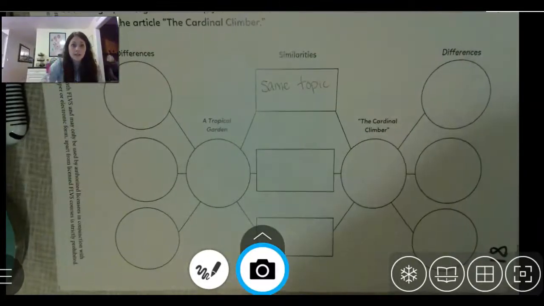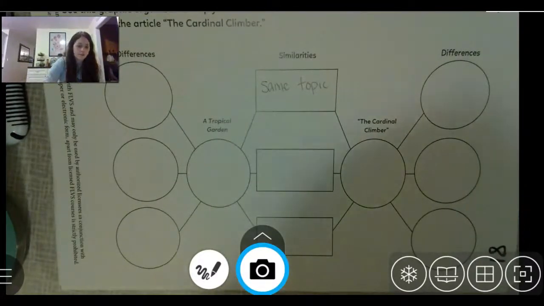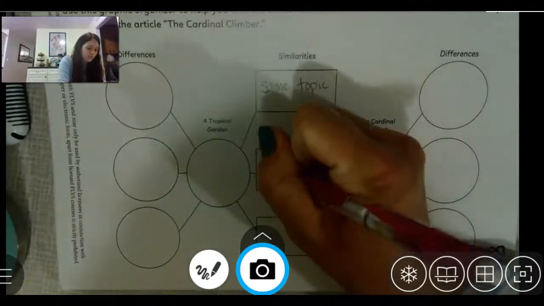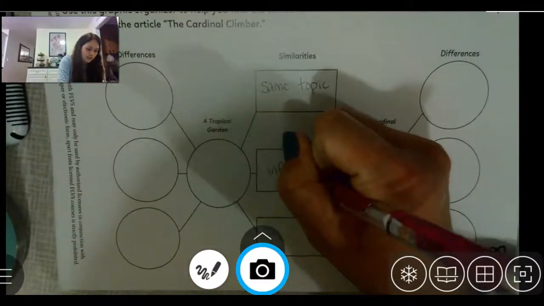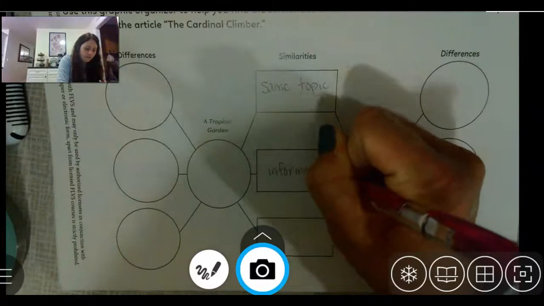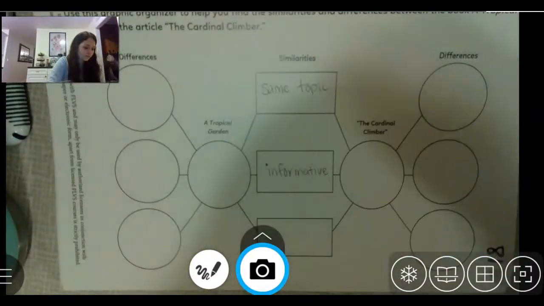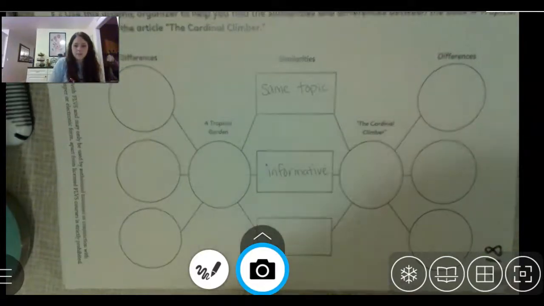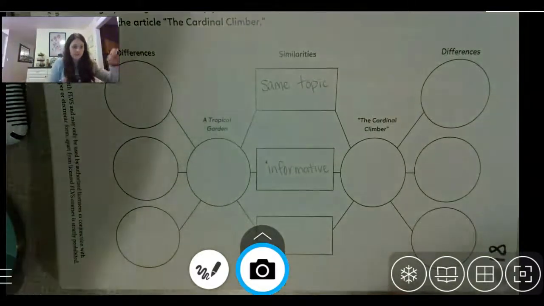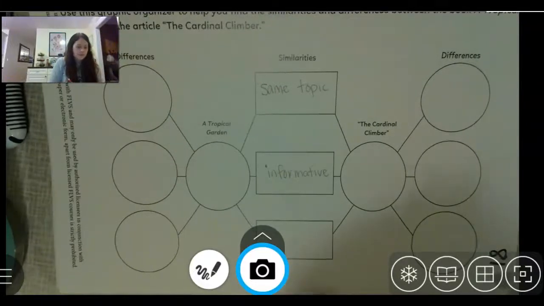The next thing that I noticed that they both have in common is that they're both informative texts. That means that they are teaching us something about a topic with facts. So they're both informative. Hopefully you can see that. And the last thing that I noticed is that both texts include illustrations.